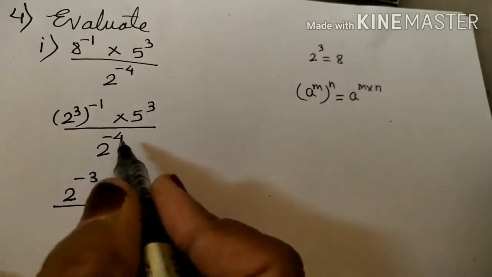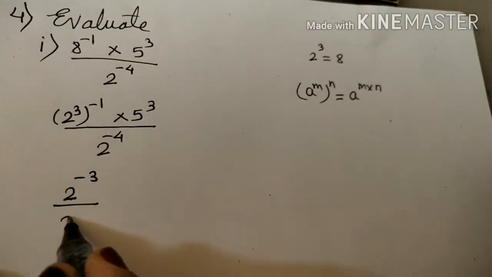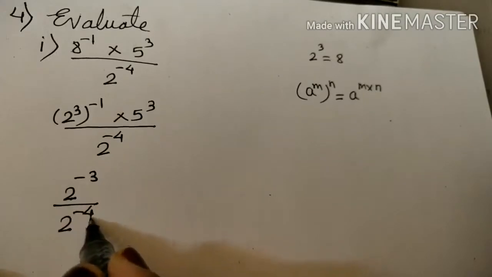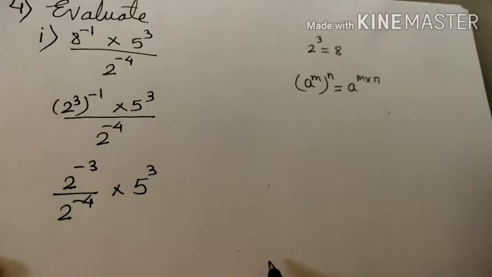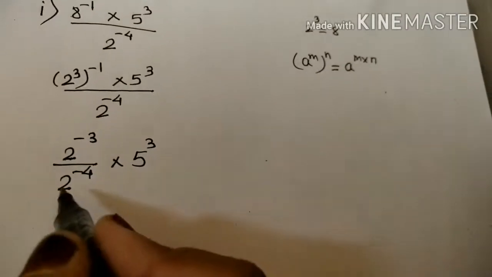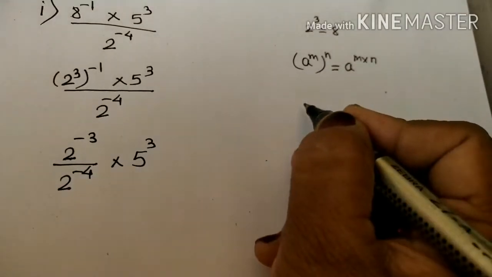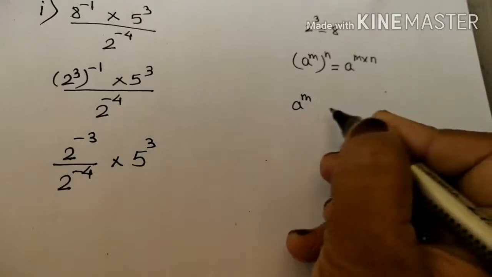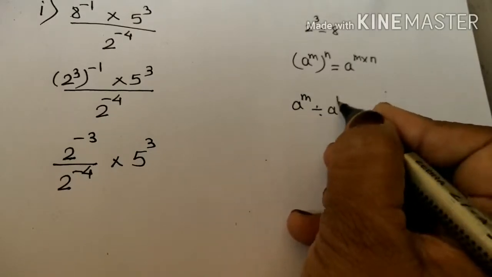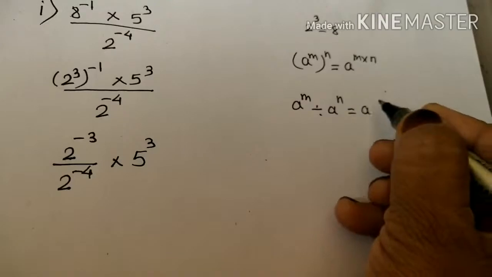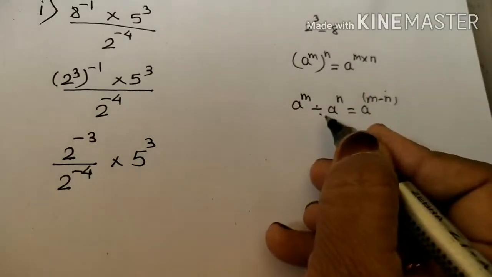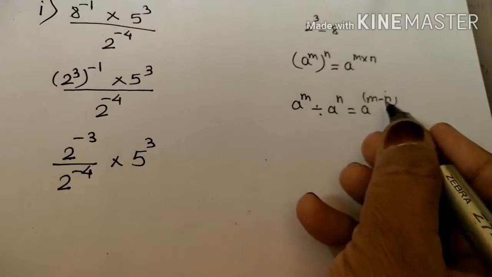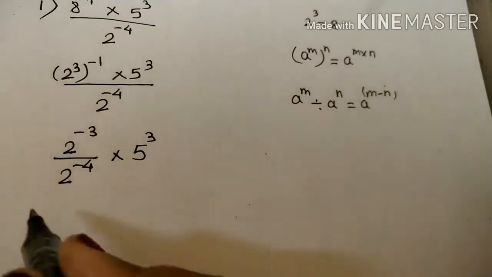Now this 2 raised to minus 4 I'll write here, 2 raised to minus 4 into 5 raised to 3 as it is. Now next we know that a raised to m divided by a raised to n is equal to a raised to m minus n. If base are equal, division means we have to subtract the powers.